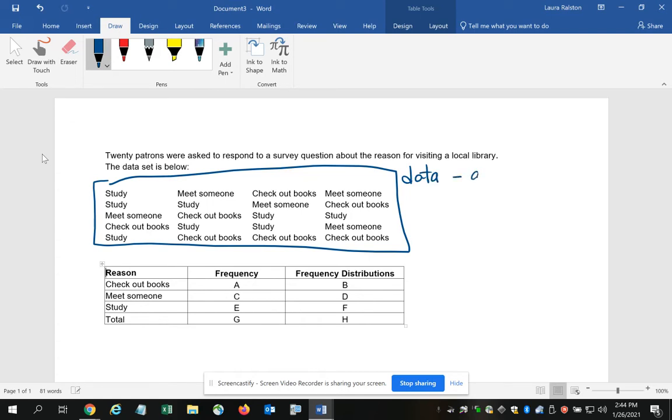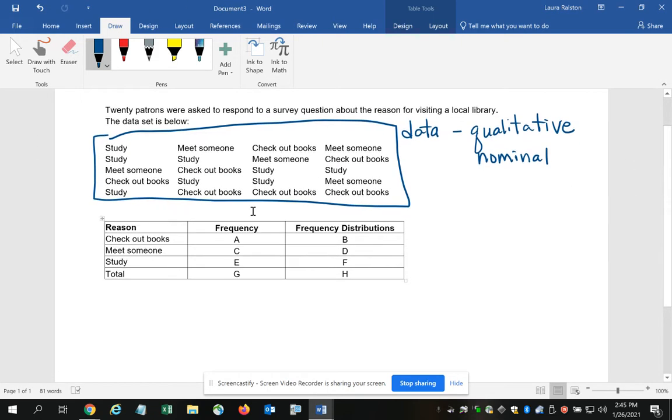And it is qualitative because the responses are words or phrases, and it would be at the nominal level, because the fact that you're going to meet someone is not necessarily better than the fact that you're going to study or to check out books.